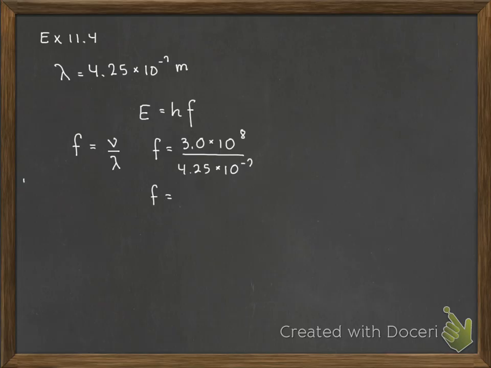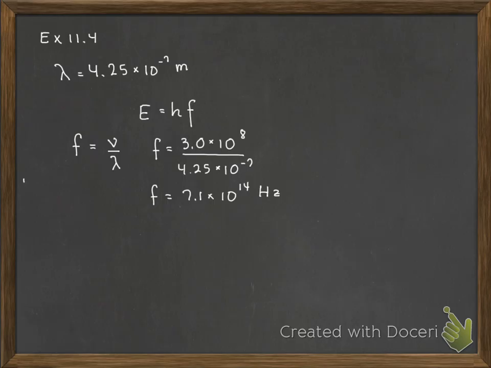And our frequency to two significant digits is 7.1 times 10 to the 14th, and that is in hertz, which is the same thing as 1 over 1 second.